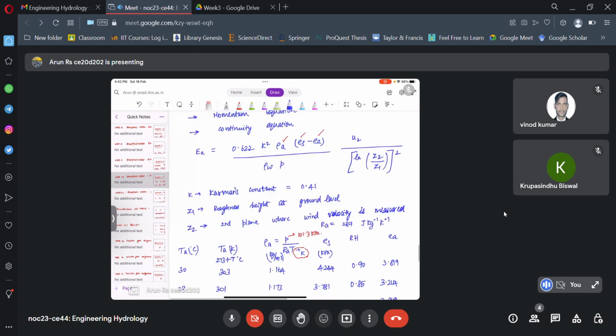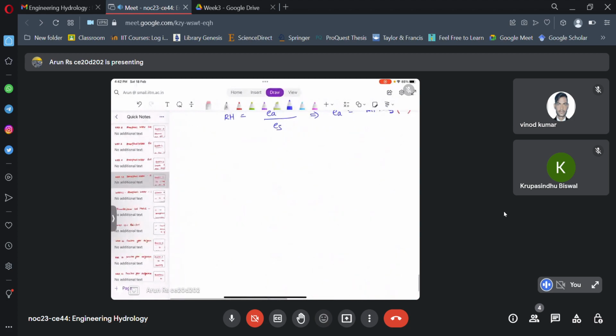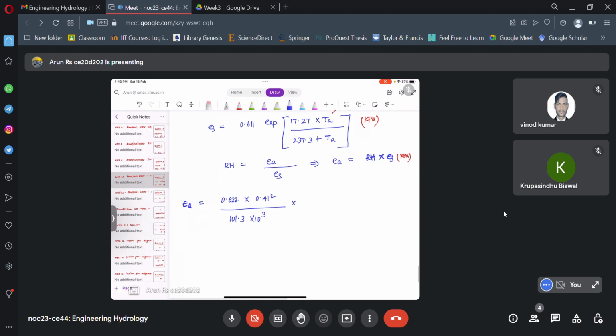Now if you see, we have got all the things which we want for our calculation. So now we can proceed with our calculation. So estimation of evaporation rate by aerodynamic method is equal to, so first is 0.622 is the constant into your Karman's constant is 0.41 square divided by 101.3 is your pressure, that is in pascals, multiplied by, so again this is varying with respect to the parameters for each time step.